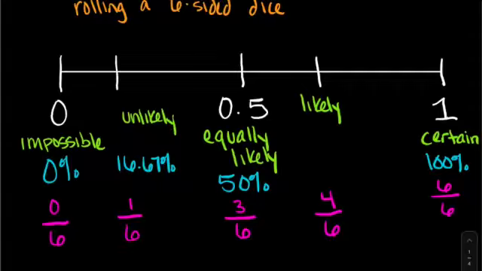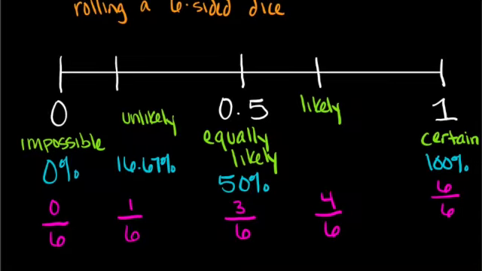So that is more than 50%. It would be 4 out of 6. It would be likely for me to roll a 4 out of 6. And I believe the percentage for that would be around 66.67%. Again, more than 50%, but less than 100%.